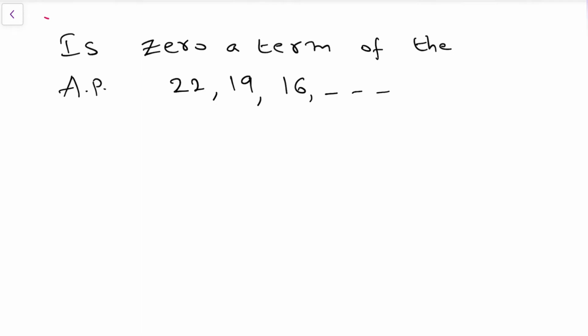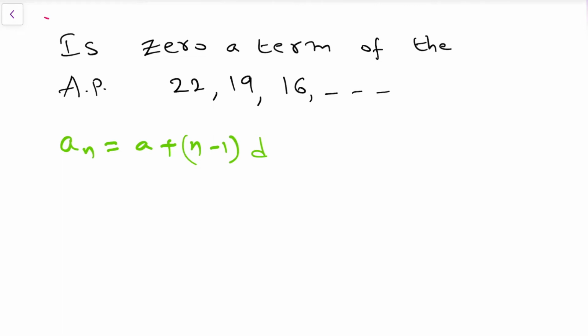Okay, now again the nth term formula, an equals a plus n minus 1 into d. n means which term, but in this question the term number is not given, because he is asking whether 0 will be there or not, so we don't know. Maybe 0 is the 10th term or 20th term or 100th term or 1 lakh term.